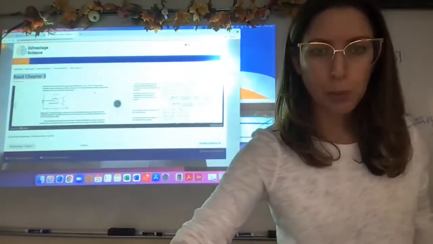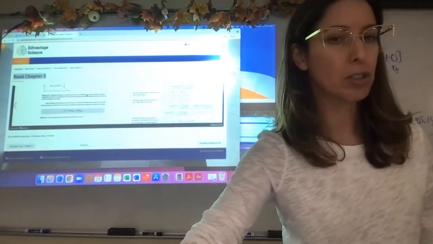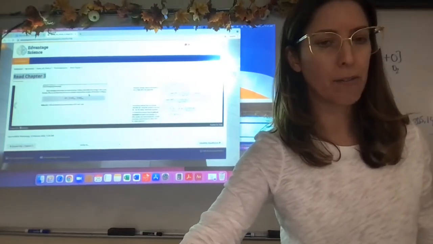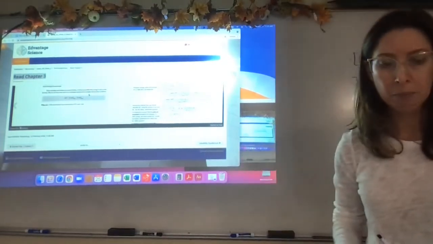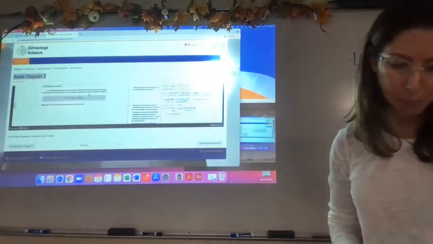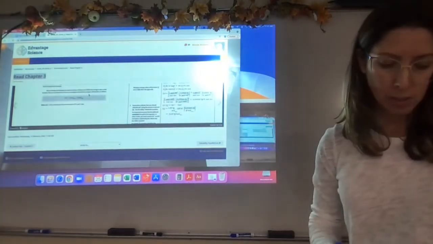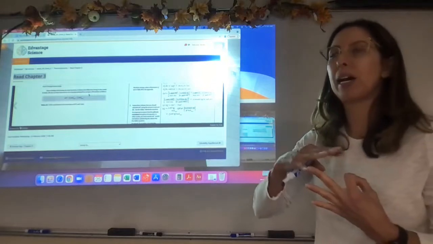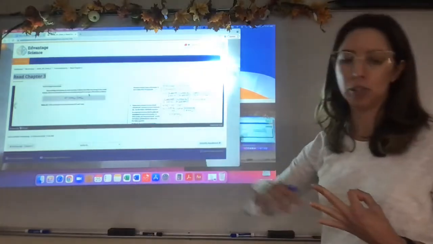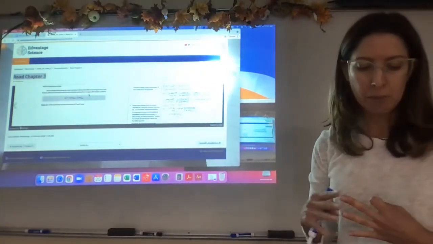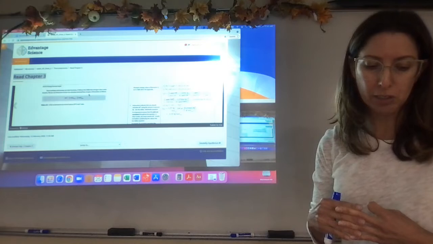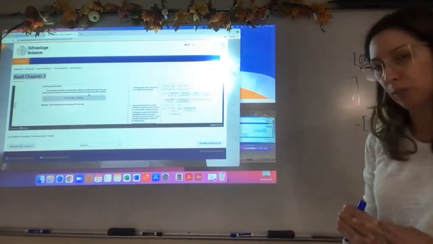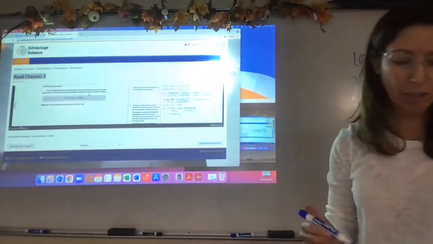Now, since enthalpy and entropy are state functions, and you should definitely know what is a state function and what wouldn't be: enthalpy, entropy, and Gibbs free energy. It doesn't matter the path that I use to get that value; those would be state functions. And so we can use the reference values in the back of the book to calculate them.